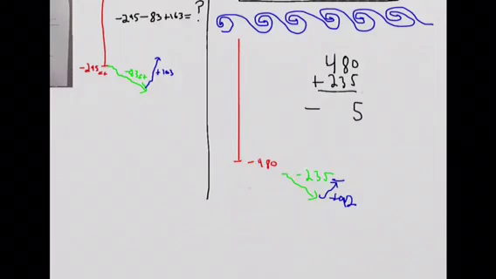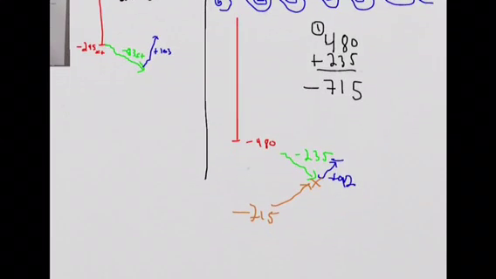So when I add these, that's going to be negative 715 feet. So at this point right here, I'm at negative 715 feet. Well, actually, I think it's yards. Yards, okay.